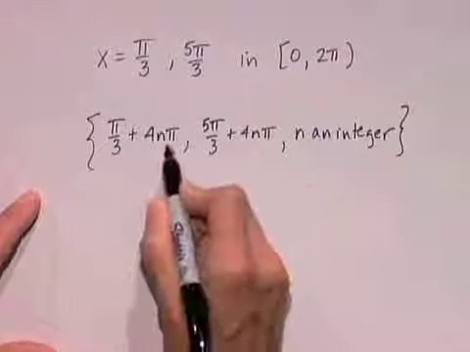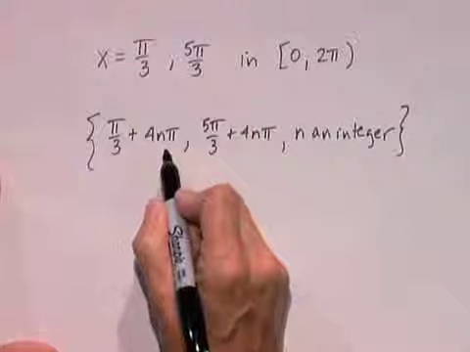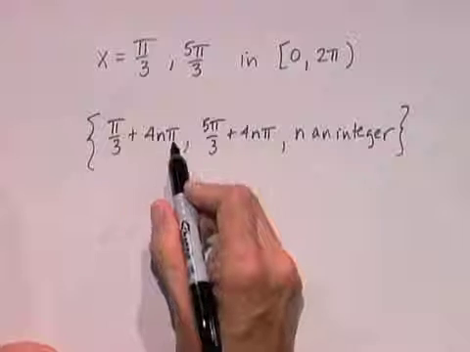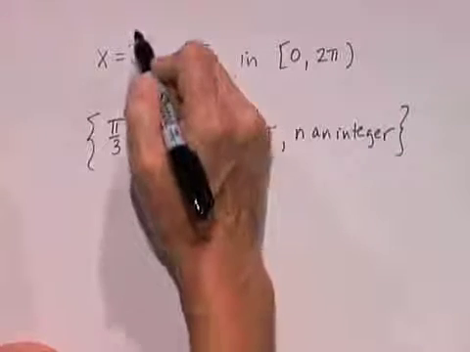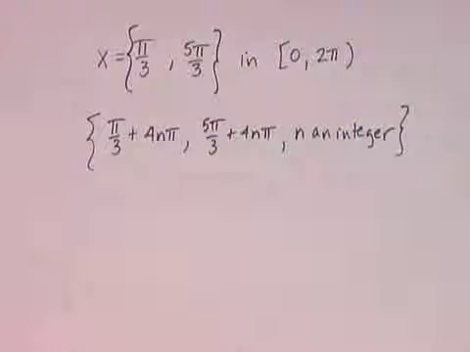The reason I'm using 4n pi is because sine of x over 2 is a sine function with period 4 pi. I should also list these in set notation.